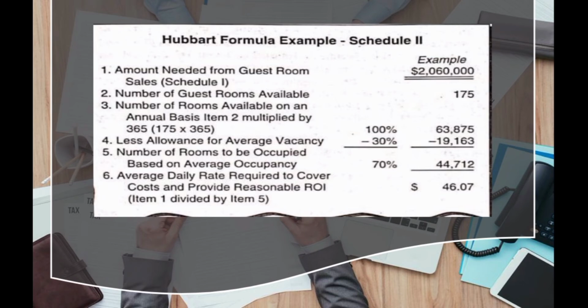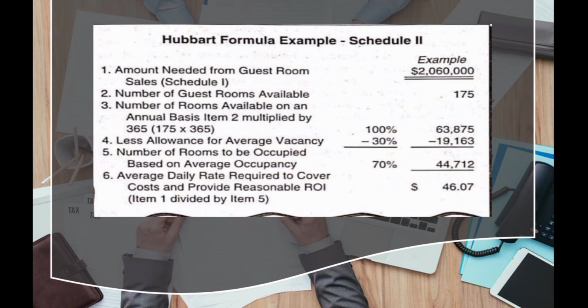So 63,875 times 0.30 is 19,163. Then when we deduct it, we will have the 70% occupancy, which is 44,712.